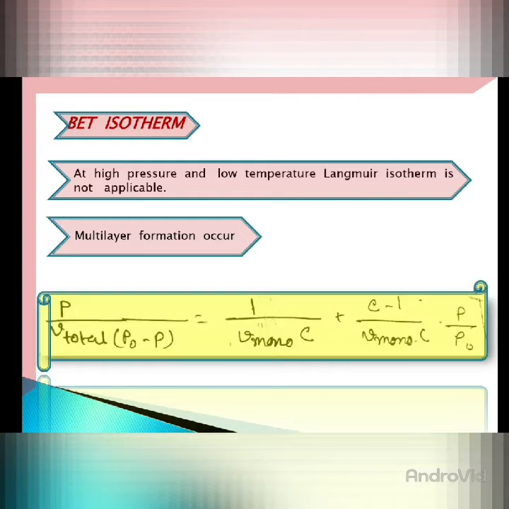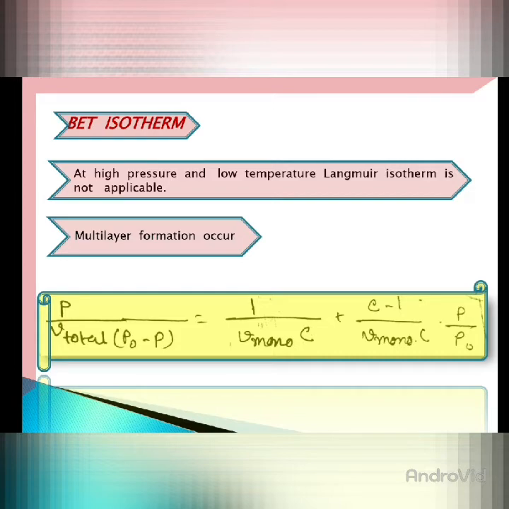Now the equation for the BET isotherm. I am not showing the derivation of the BET isotherm, you don't need to know the derivation. If you know the final expression of the BET isotherm, you can easily solve the problems in the NET or GATE examination.